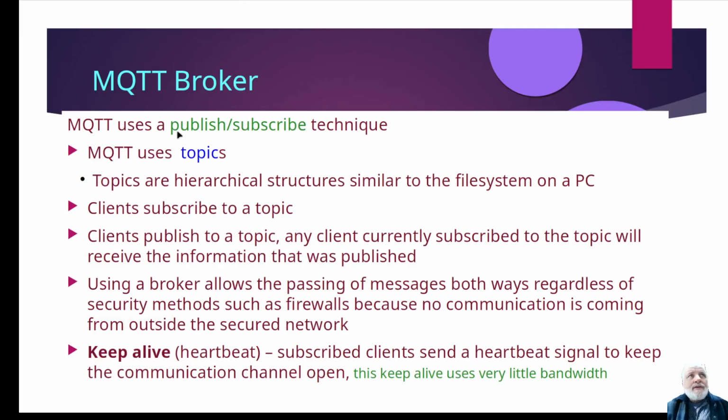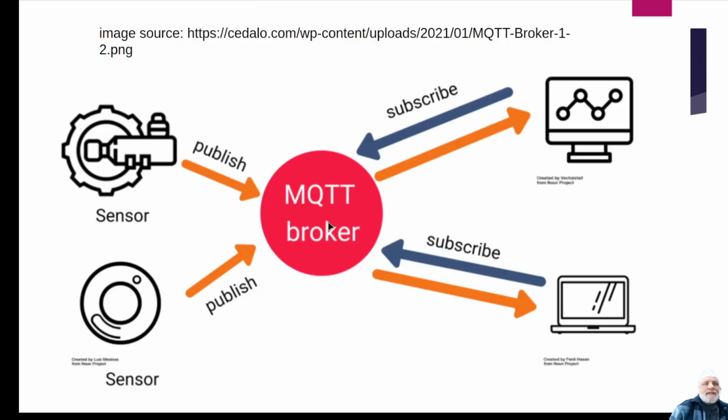All right, so the MQTT system works on what's called a publish and subscription method, and so they use what are called topics, which are hierarchical structures, kind of like the files on your file system. You have slashes in between these topics, and then there's a broker.